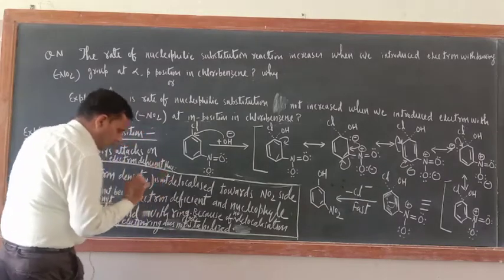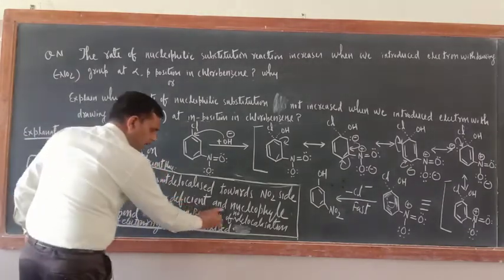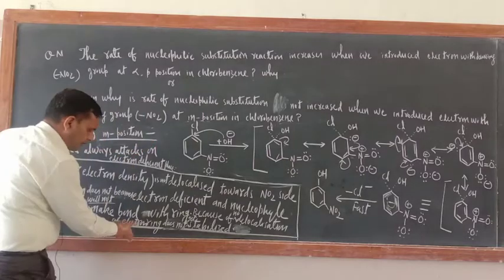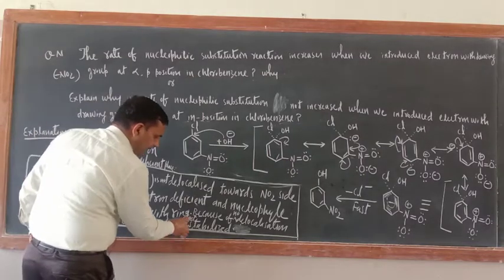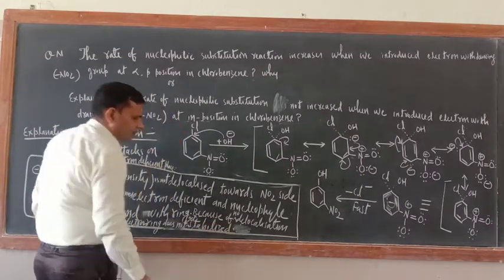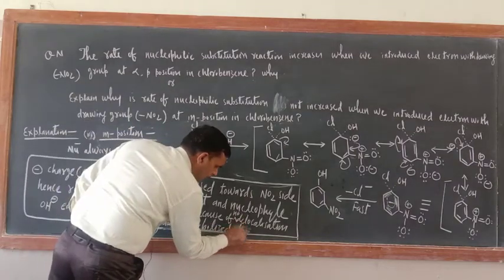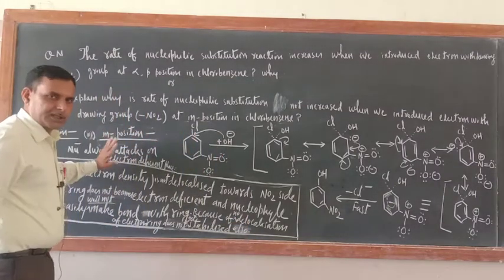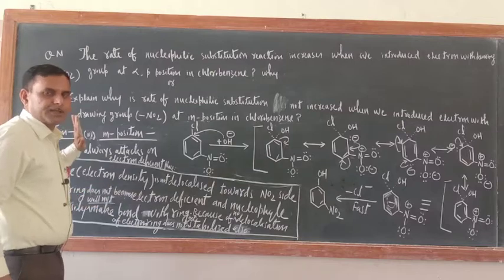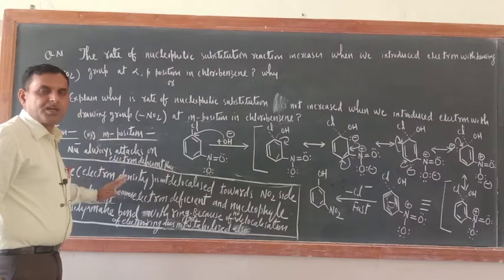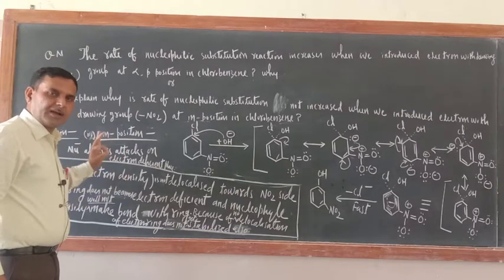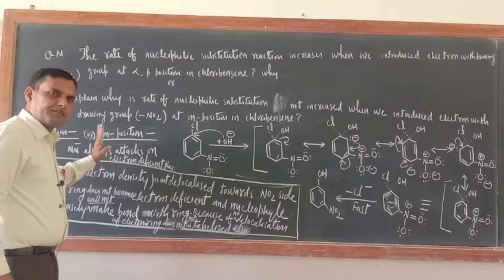Correct? Over. Because of no delocalization of electrons, the ring does not get stabilized. So this is the explanation when NO2 is present at the meta position.